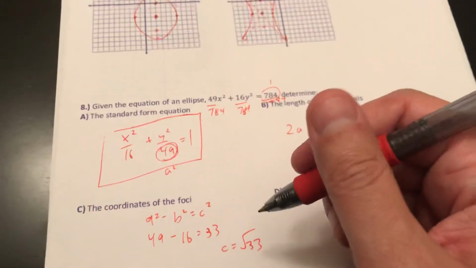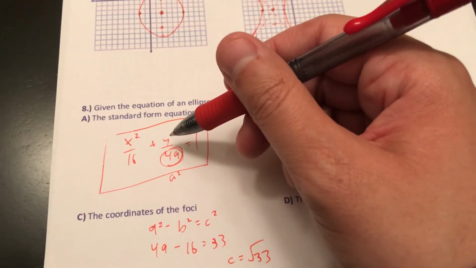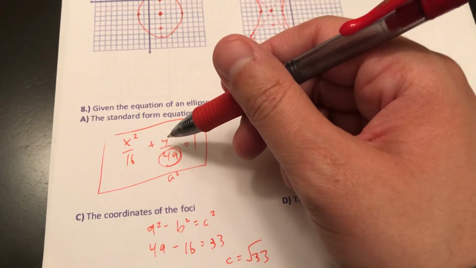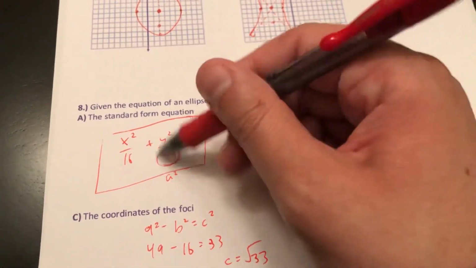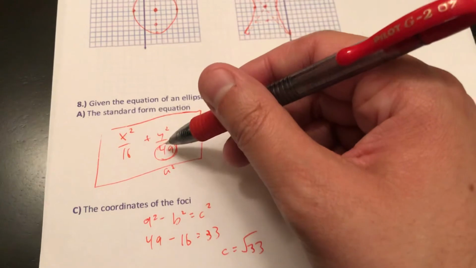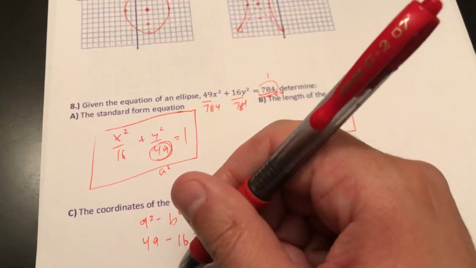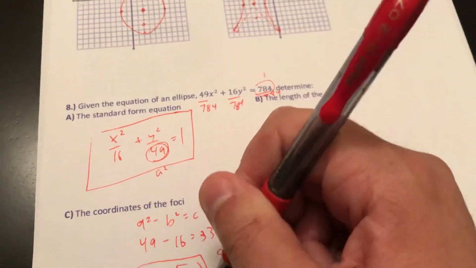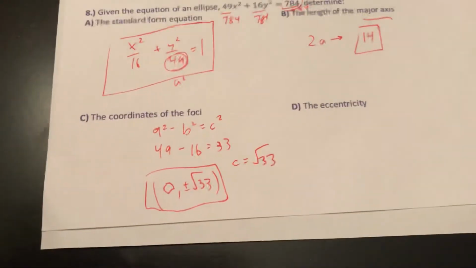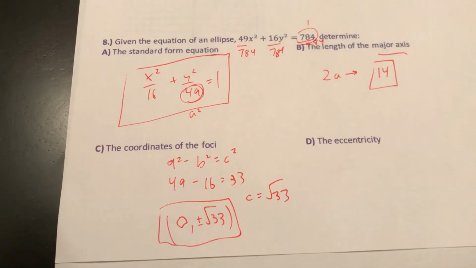So from the center, we're going to go basically up and down, because the a value here is going to be paired with the y, so it's going to be vertical. So from the origin, we're going to go over 0, and we're going to either go up radical 33 or back radical 33. And so those would be my coordinates of my foci. I think that should be correct.